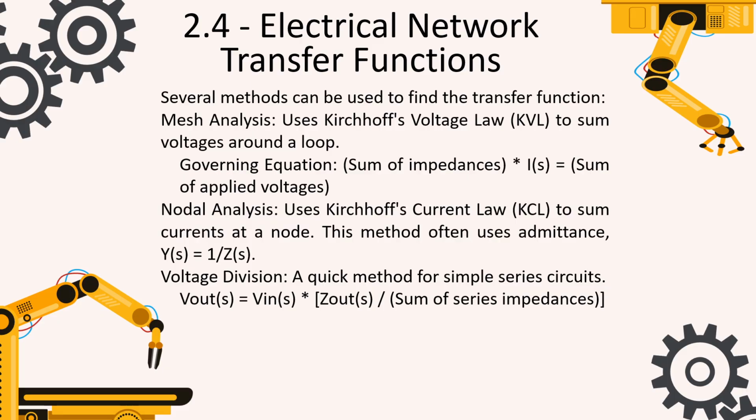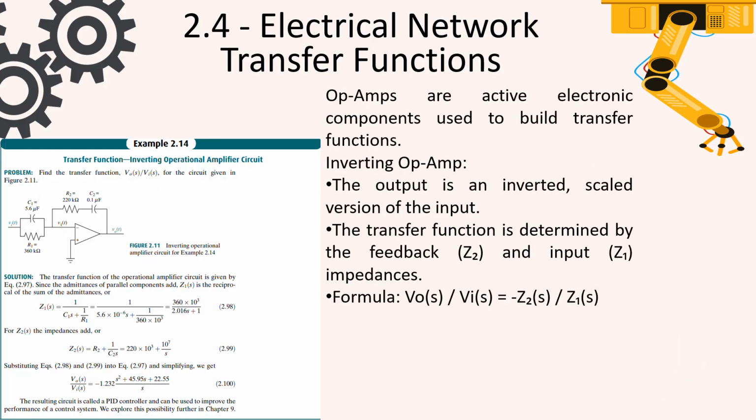This method often uses admittance, which is simply the reciprocal of impedance. For simpler series circuits, voltage division provides a very quick way to find the output voltage. The formula shows the output voltage is the input voltage times the ratio of the output impedance to the total series impedance.